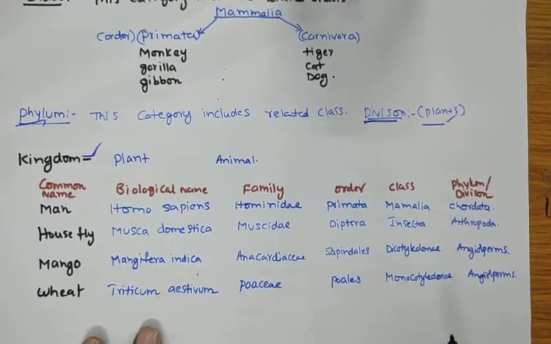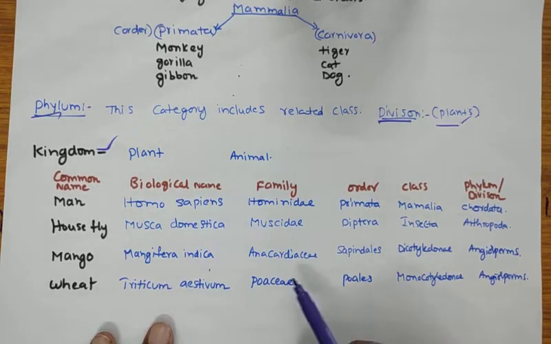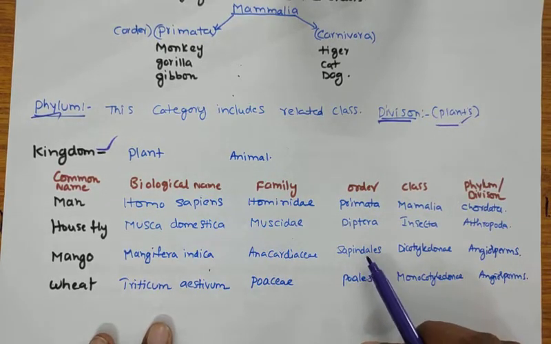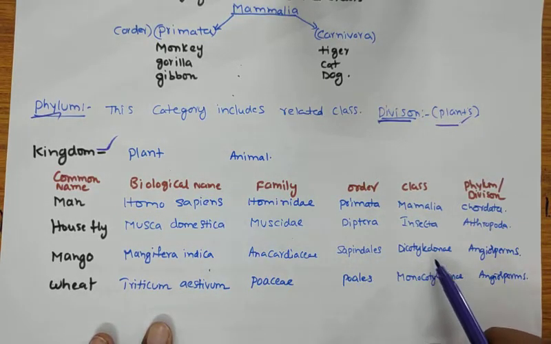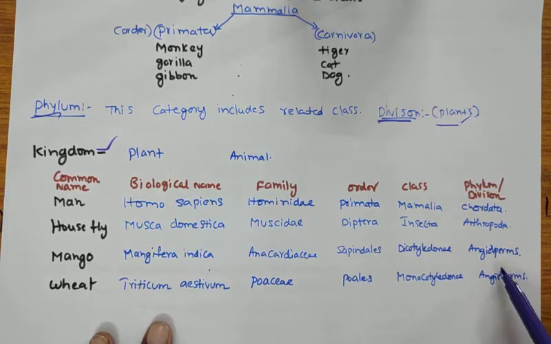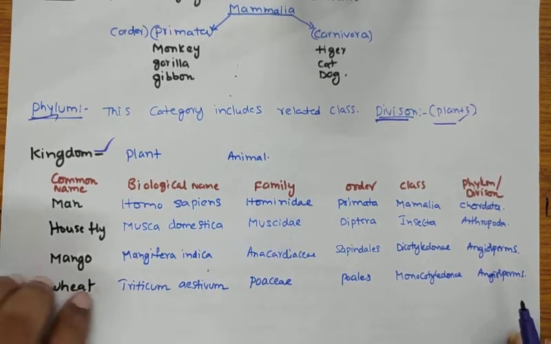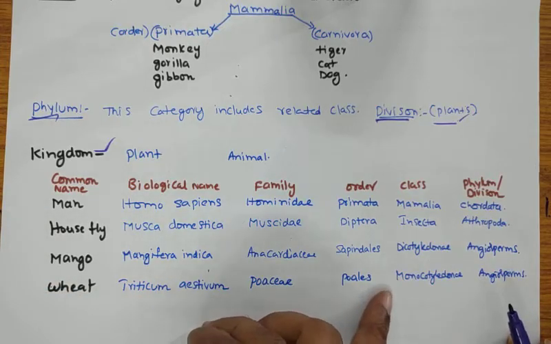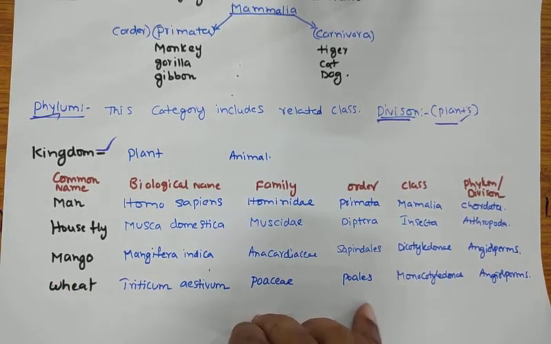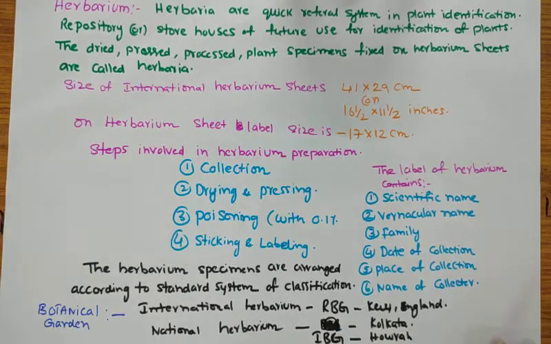Mango: Mangifera indica, family Anacardiaceae, order Sapindales, class Dicotyledonae, division Angiosperms. Wheat: Triticum aestivum, family Poaceae, order Poales, class Monocotyledonae, division Angiosperms.